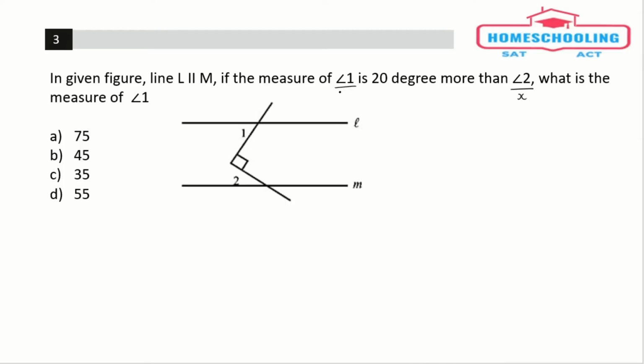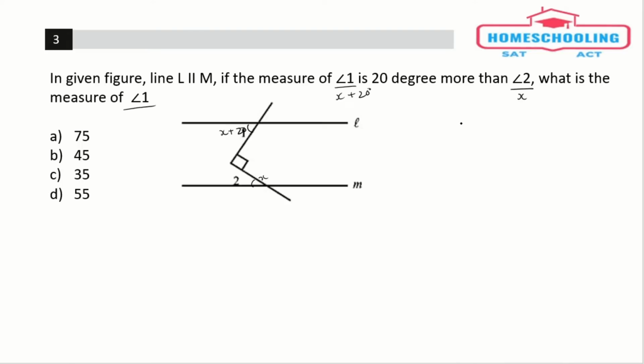In the given question it is said that angle 1 is 20 degree more than angle 2, so angle 2 is x, and it should be 20 degree more, that would be x plus 20. So angle 1 would be x plus 20 degree. What we have to find is the measure of angle 1. So this angle is x plus 20 and this one is x.